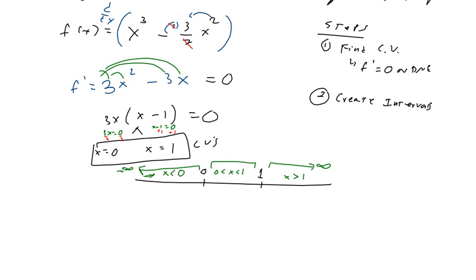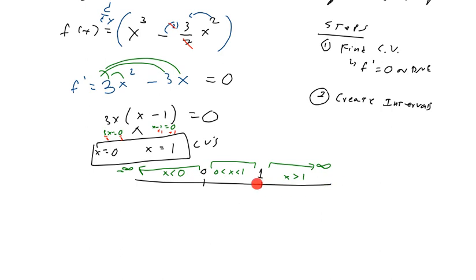Think about that: from negative infinity to 0, everything on this side of the graph is either going to be all increasing or all decreasing. It's one or the other. And from 1 to infinity, it's either always increasing or always decreasing.